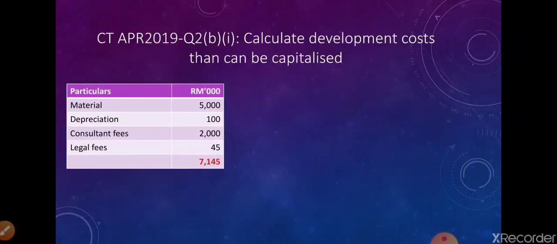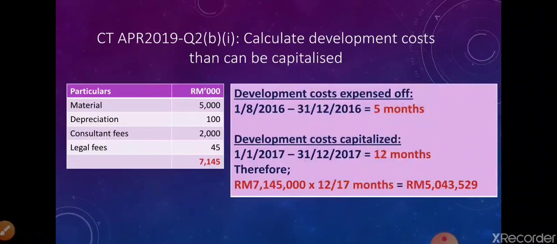So material of 5 million, depreciation related to the development cost is 100,000, consultant fees 2 million, and then legal fees 45,000. So these are all directly attributable costs for that development cost. However, not all these costs can be capitalized. So how much to be capitalized? Development cost expensed will be for 5 months, which is starting from 1st August 2016, which is the date the development phase started, until 31st December 2016.